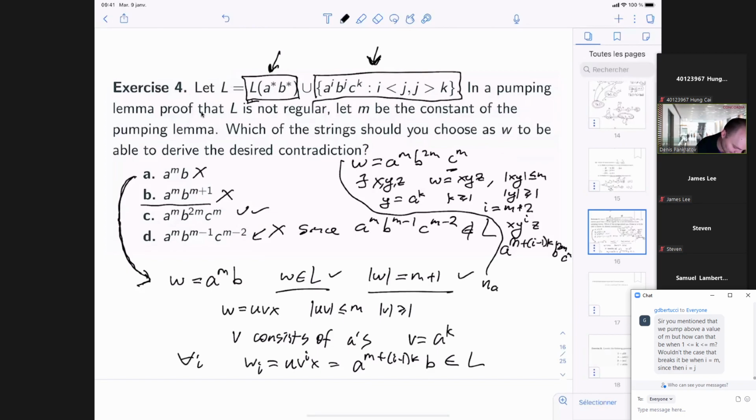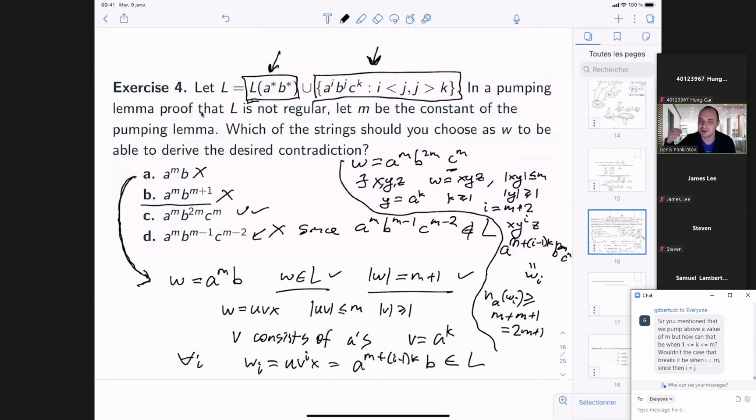So the number of A's in the string W_I is at least M plus 1, because K is at least 1, and I minus 1 is going to be M plus 1, which is 2M plus 1. Okay. So you're pumping A's up.